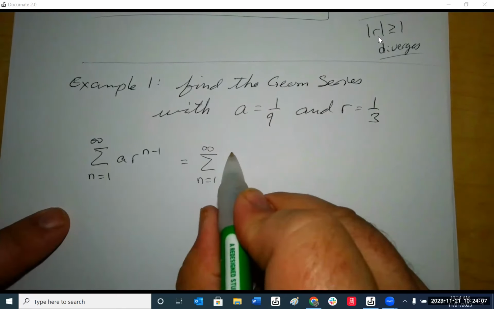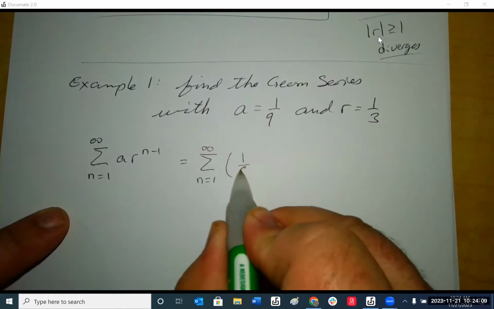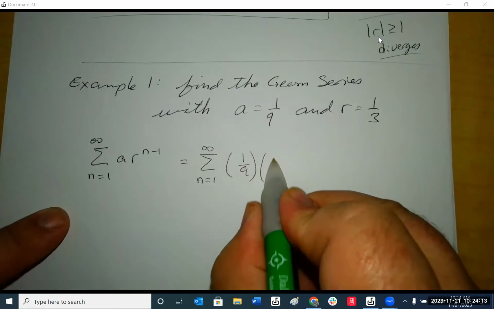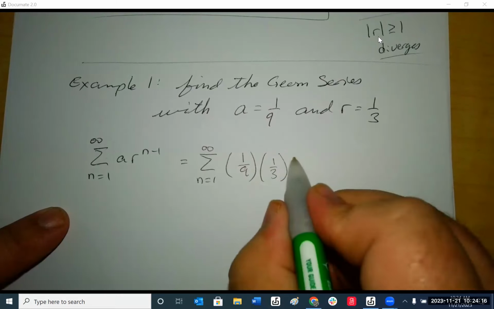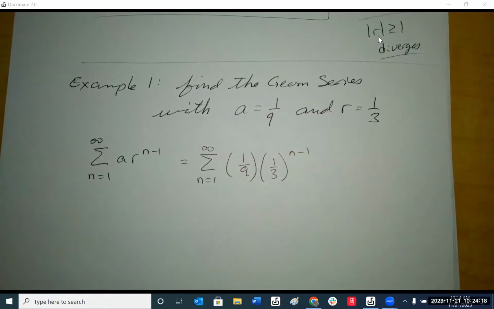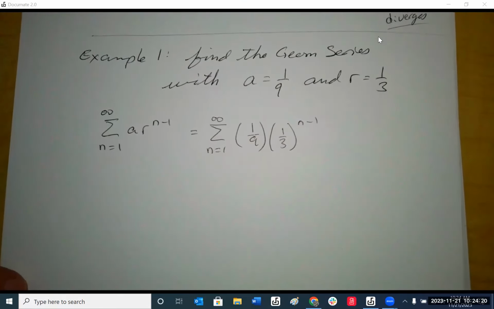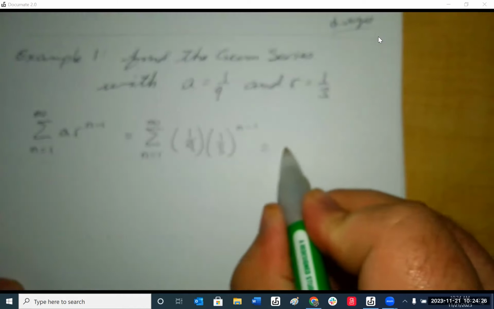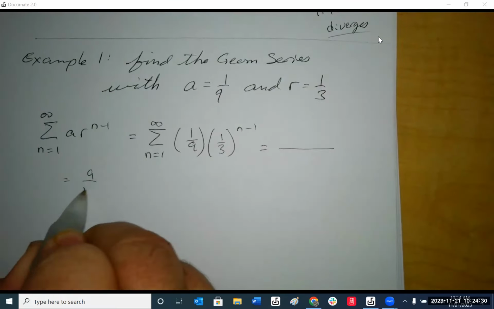So we have A is 1/9 and R is 1/3. So that's this part. It equals that. This equals A over (1 minus R).